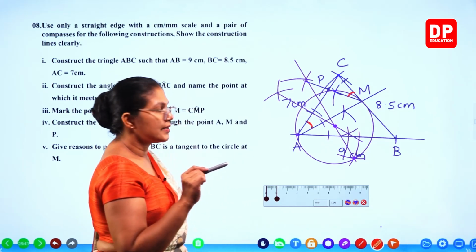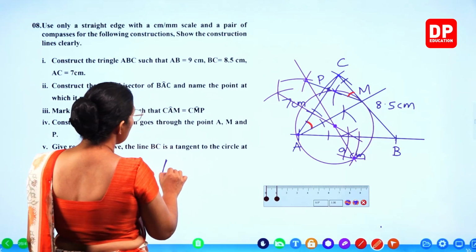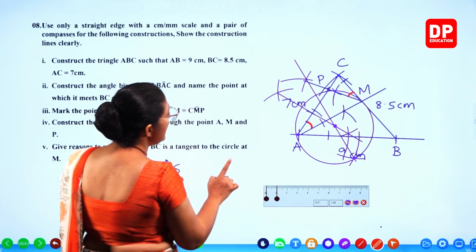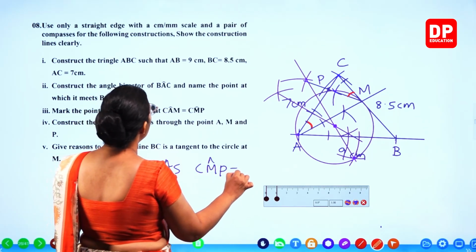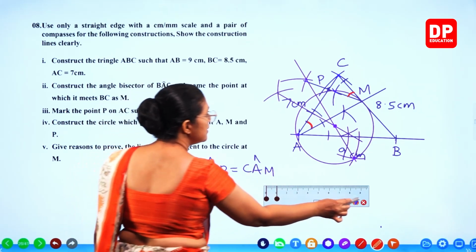BC is the tangent. So what do you have to write? You can write angle CMP is equal to angle CAM.